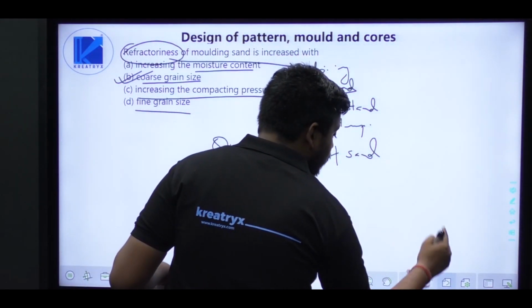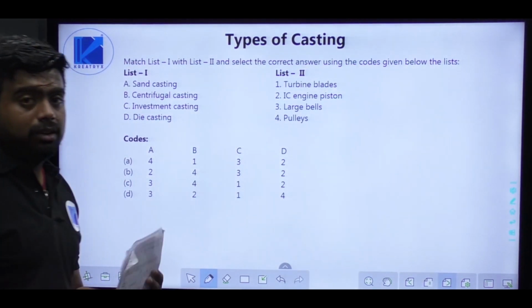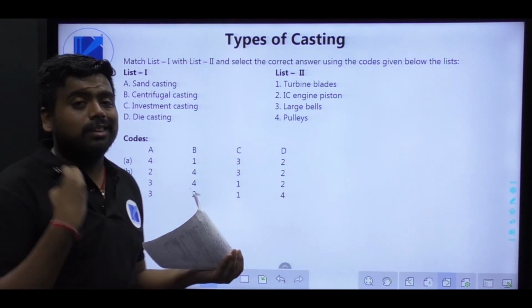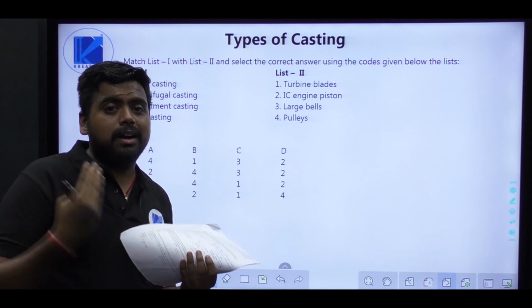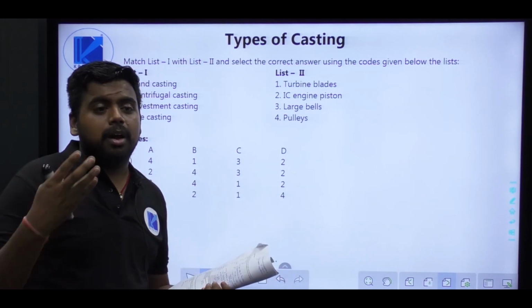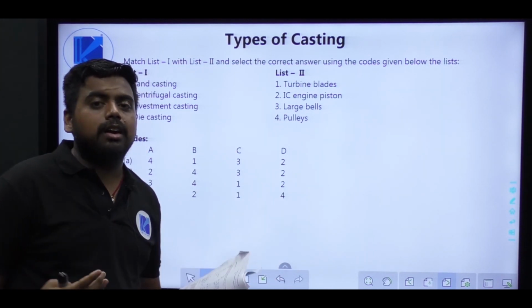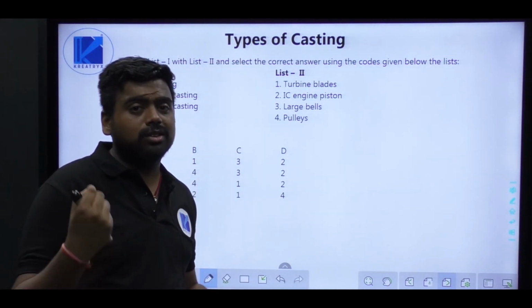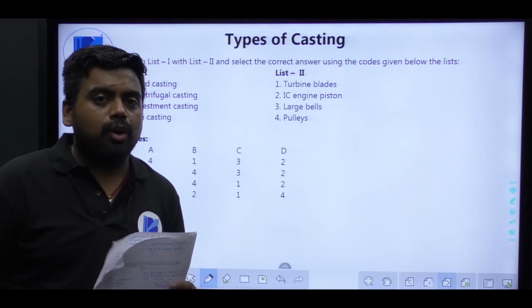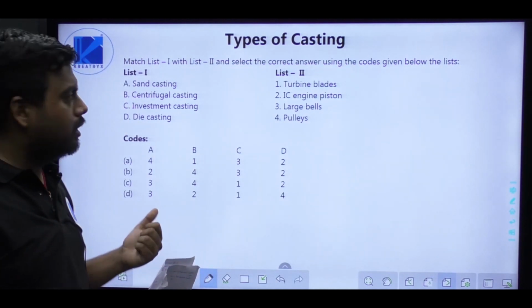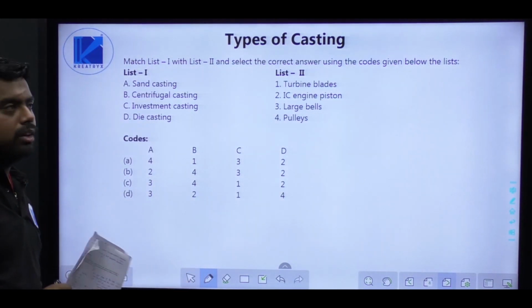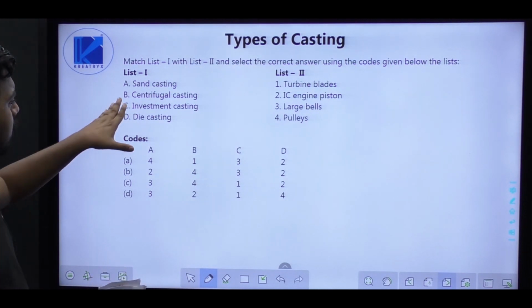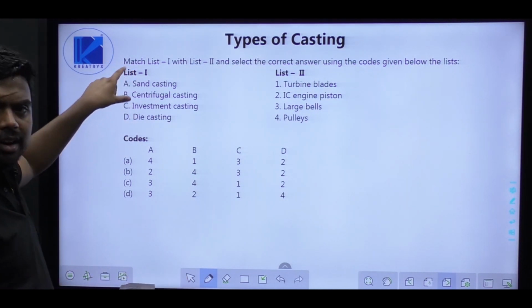Now moving to the next question. Previously we were talking about design of molds, design of pattern, design of riser, and properties of molding sand. But from this point we will talk about the various types of casting. In this question we are talking about 4 types of casting in list 1.